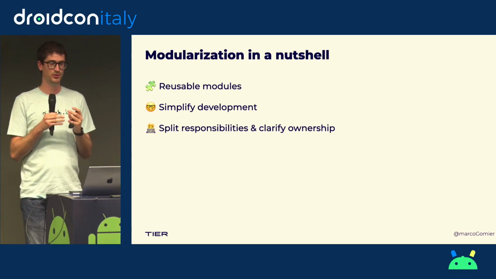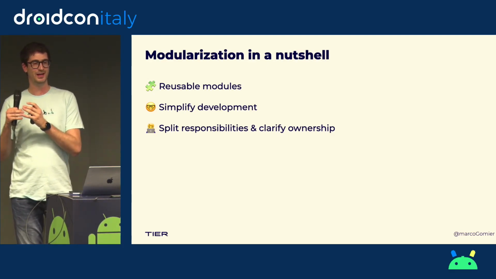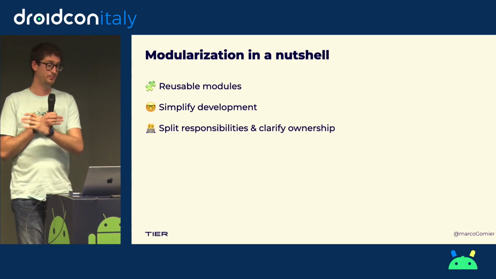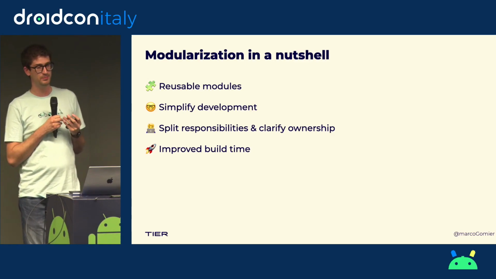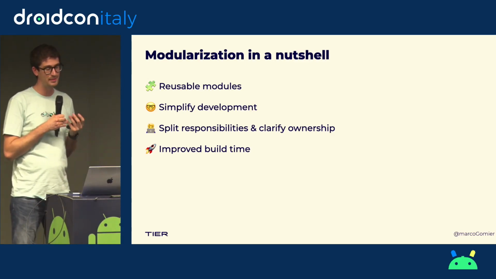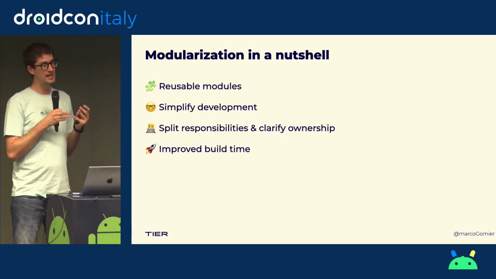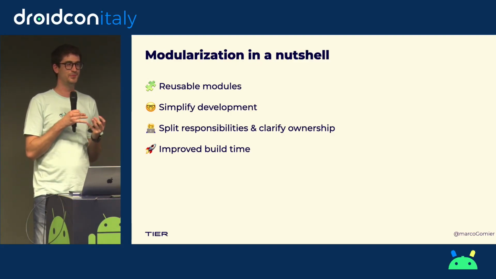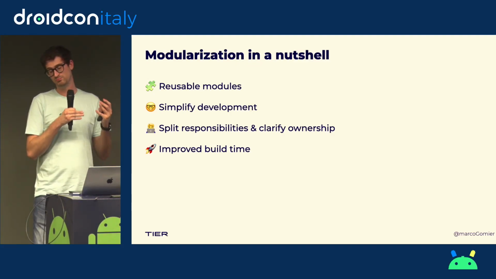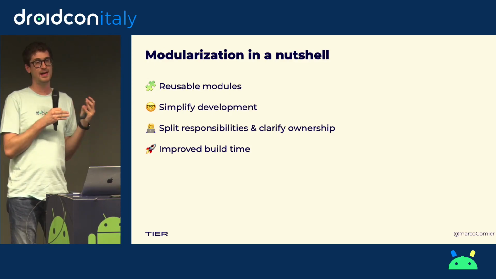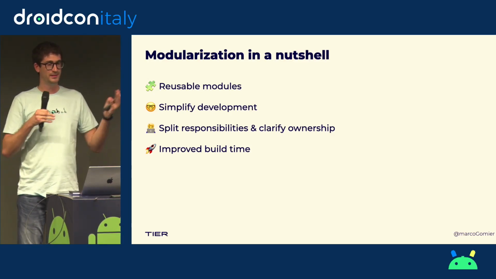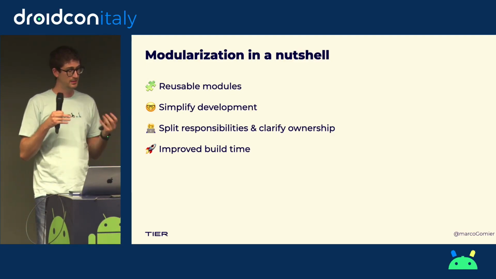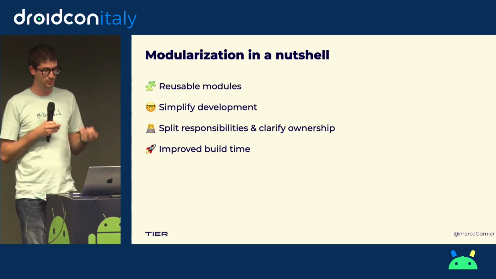So you know for sure what people work on and what people own. And as a side effect, you also get improved build times, because sometimes Gradle can be smart and parallelize the builds. So you avoid having a serialized build time for every module, and it can build in parallel. So the build time is improving.